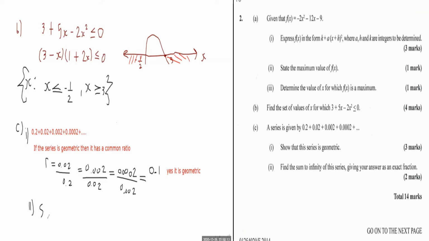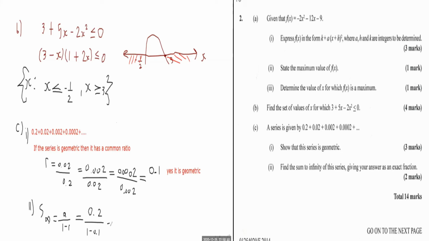Sum to infinity is equal to a over 1 minus r, where a is the first term of the series. The first term is 0.2. So 0.2 divided by 1 minus r, 1 minus 0.1.